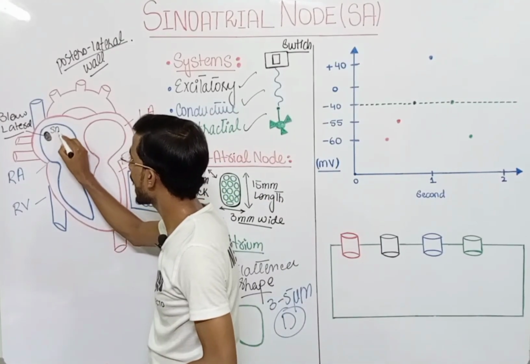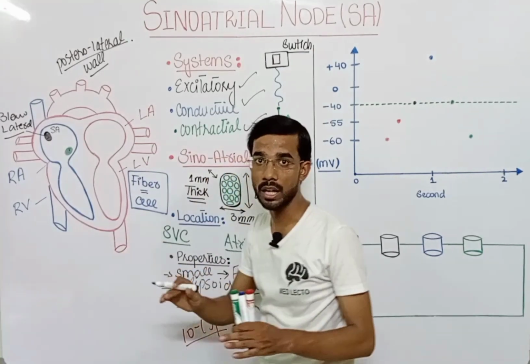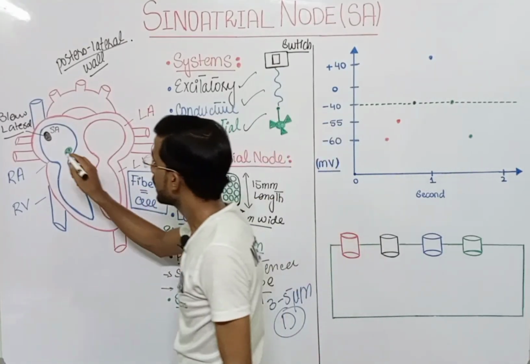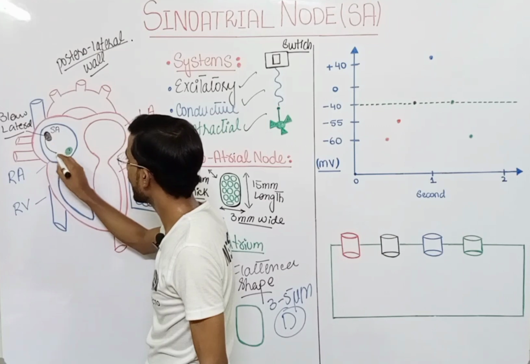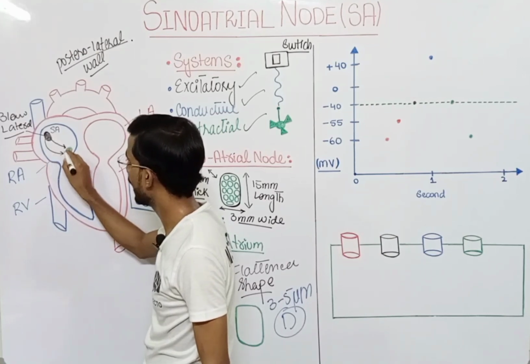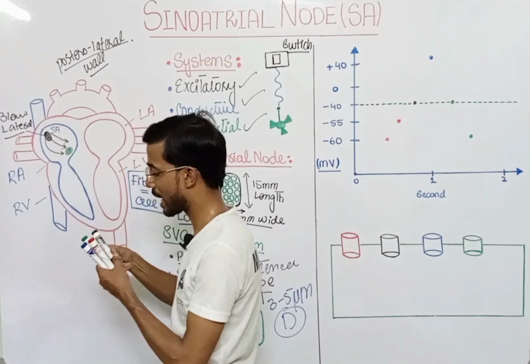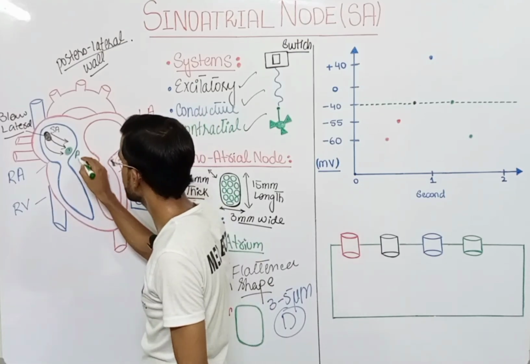Okay, from the SA node the signal starts producing, and after that the signal travels to the AV node. AV node, that is the atrioventricular node. This is the second node.